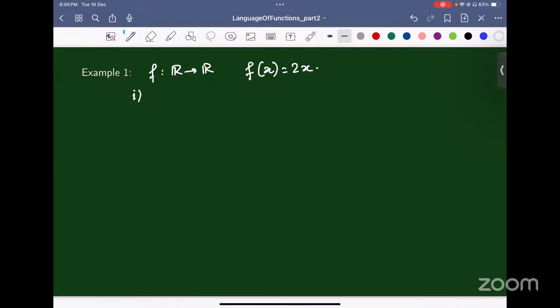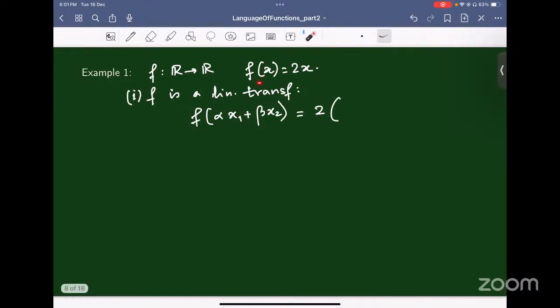We can now quickly check that f is also a linear transformation by checking whether f of alpha x1 plus beta x2 is the same as alpha f x1 plus beta f x2. Well, if I apply f to alpha x1 plus beta x2, by definition, this should give me twice the argument, since the definition says that f of x is twice whatever the argument is.